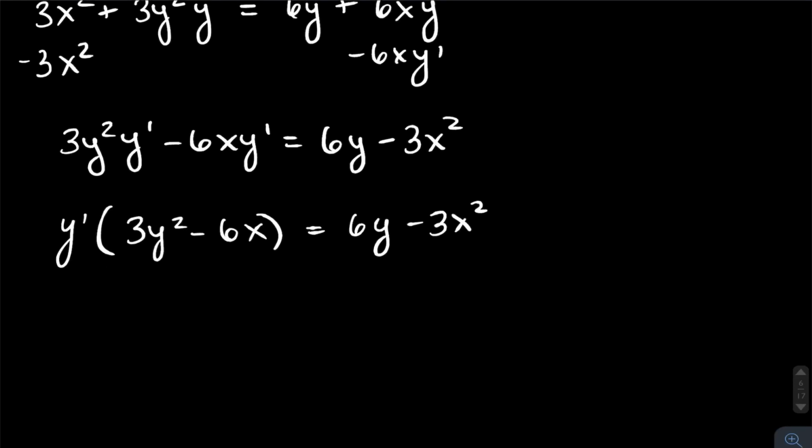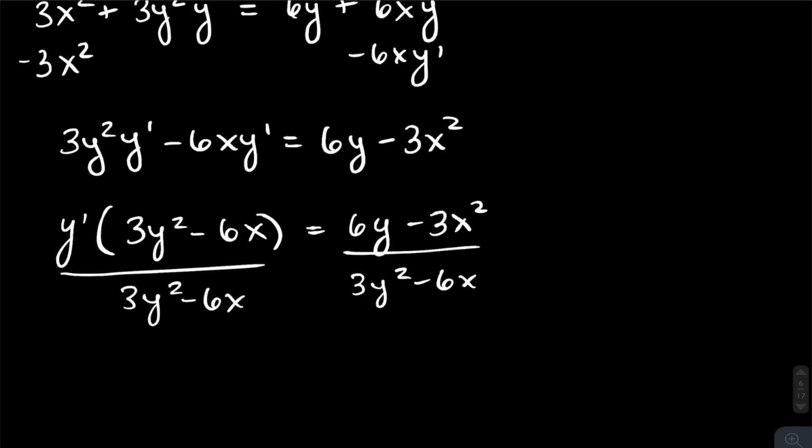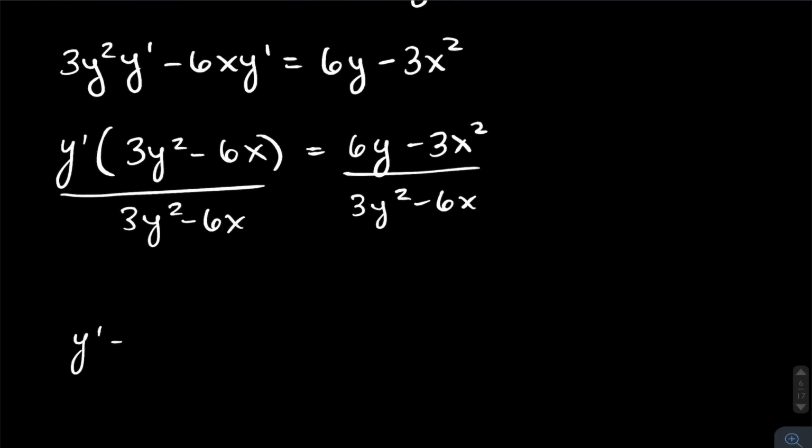We divide this on each side, and we can simplify here. We have 6's and 3's, so we can write them as 2's and 1's. So we'll do 2y minus x squared over y squared minus 2x.